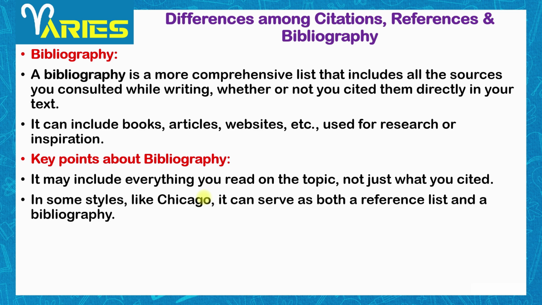In some styles like Chicago, it can serve as both reference list and bibliography. In Chicago style, the reference list and bibliography both appear the same, but in other styles, they differ. The major difference is that the reference list would include only cited work, whereas the bibliography would include cited work plus all those things which are not cited in the text.